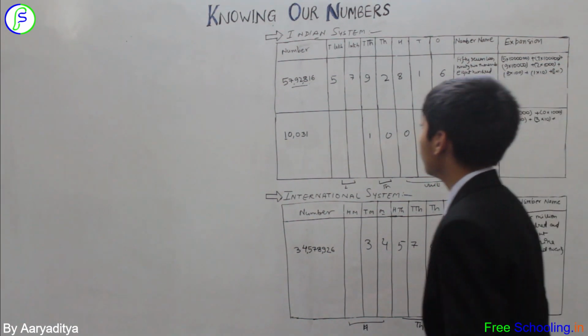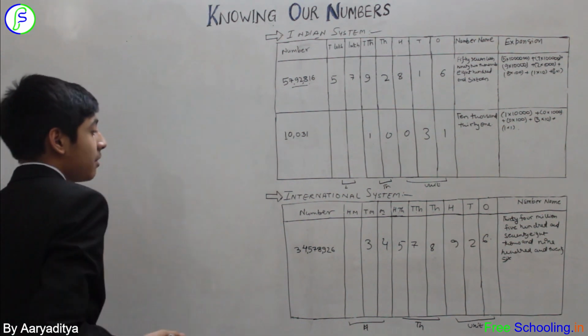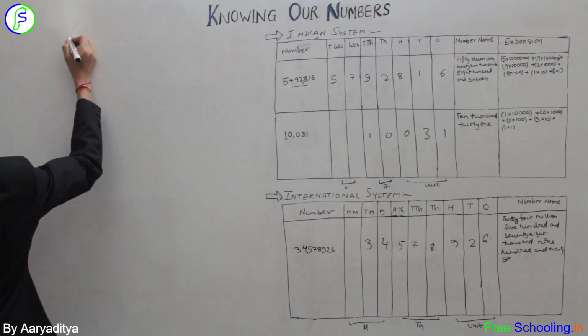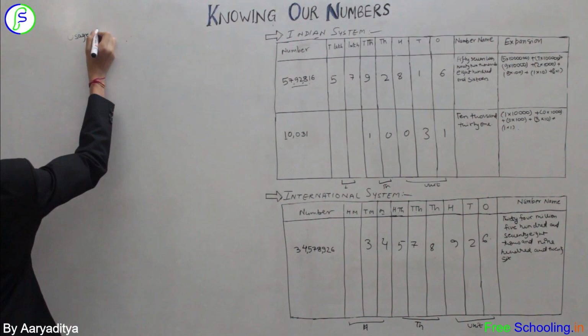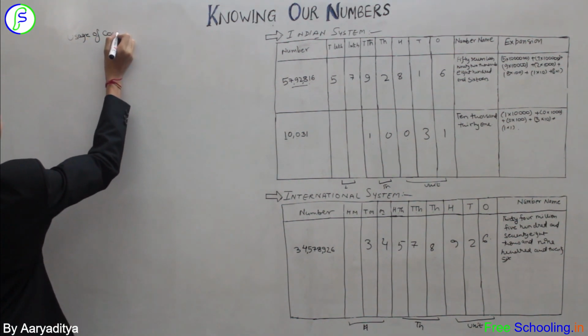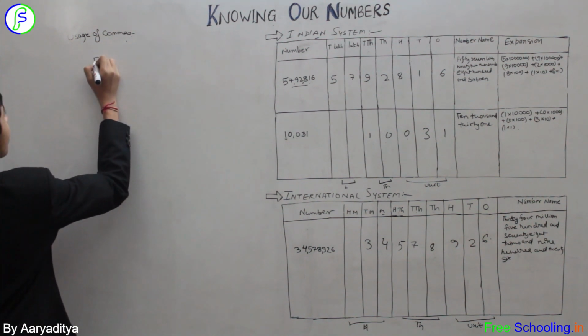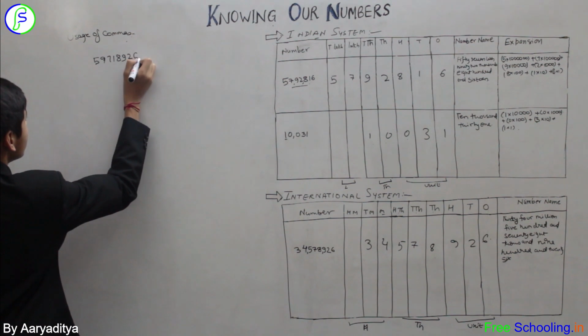Okay, so now we are done with the Indian system and the international system. Now let me tell you the usage of comma. Suppose we have a bigger number, like 5971892 6.